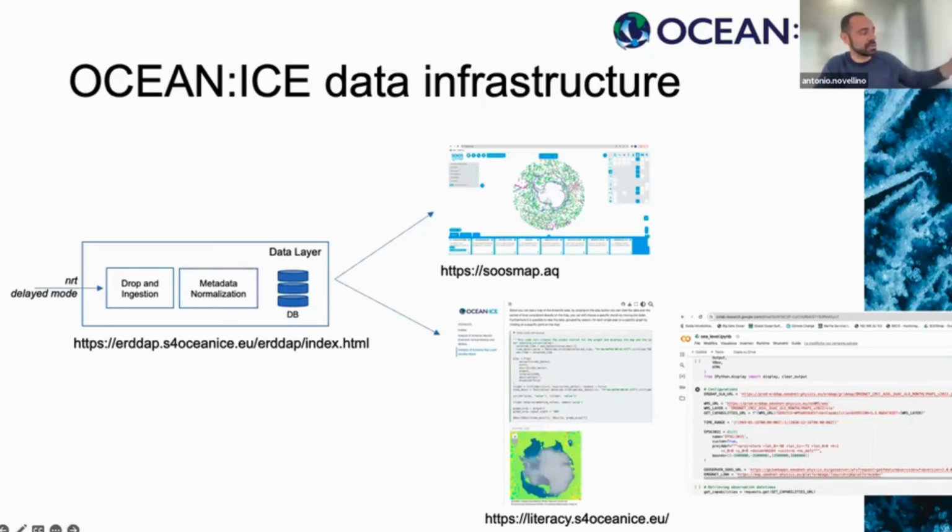Here you can see that we have an ERDDAP instance for managing the data of OceanEyes. This is the link to that. And by publishing data into this backend, into this catalog, then we can make our data available to the stakeholders.